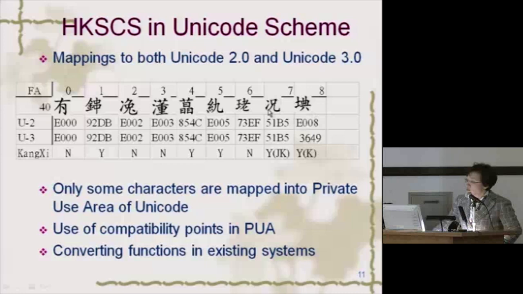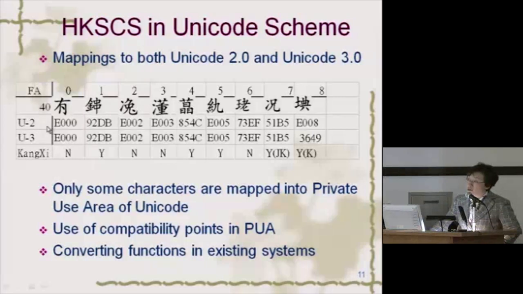And you notice this is a simplified Chinese. Did I mention the inclusion rule? In that case, you look at these characters. In the government standard, we provided the mapping into Unicode because Unicode was also at the time being developed.